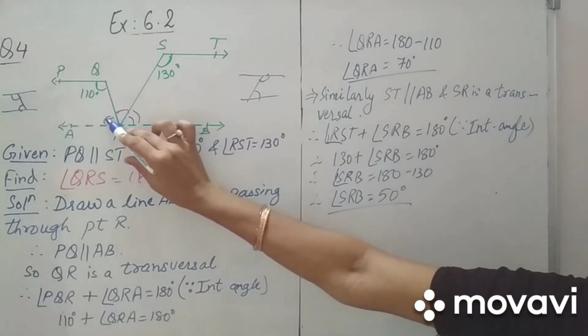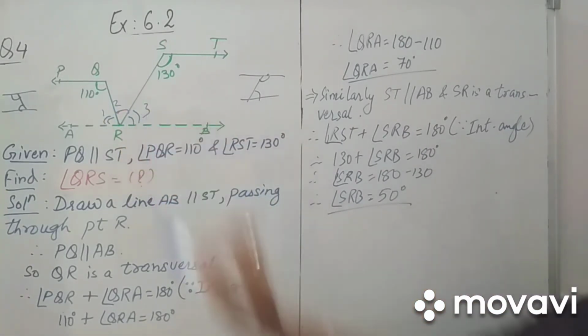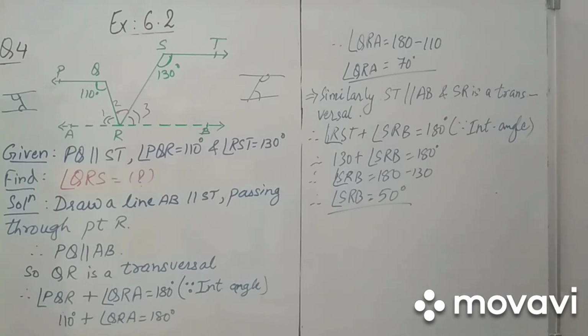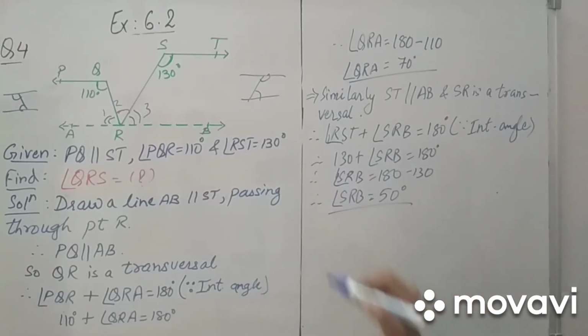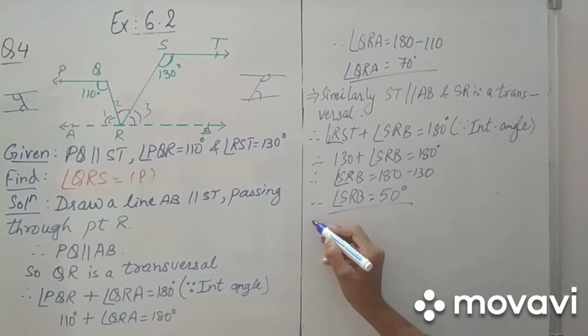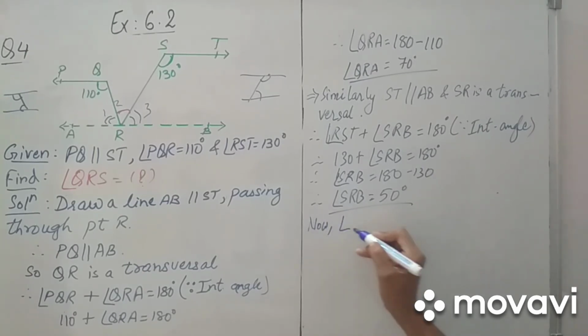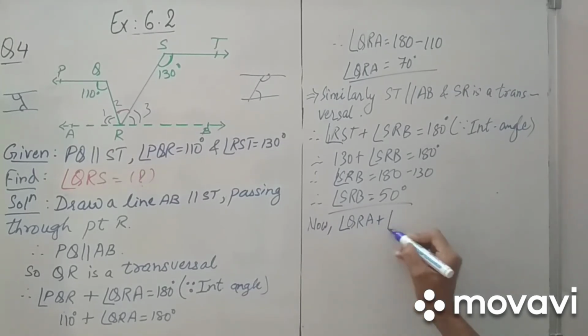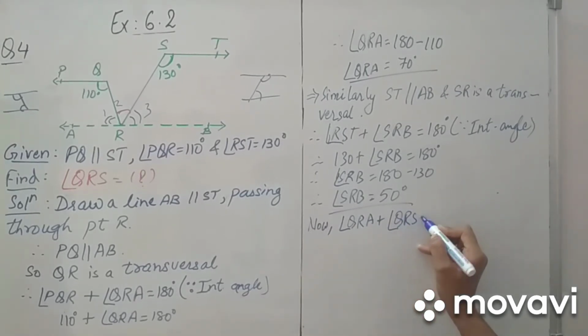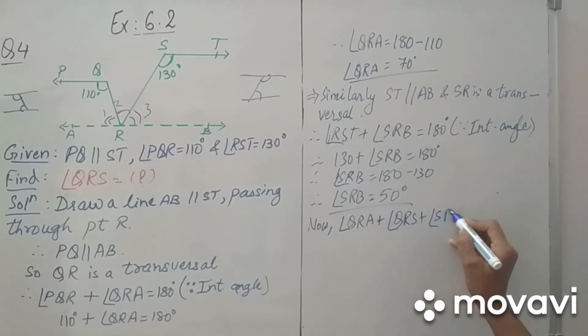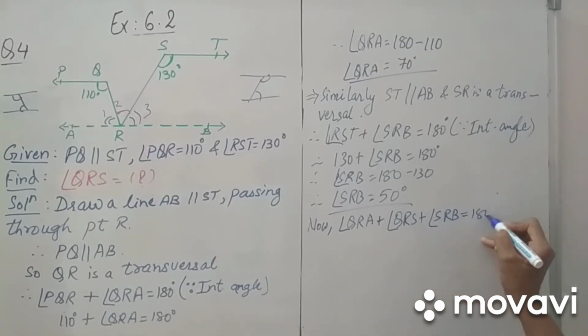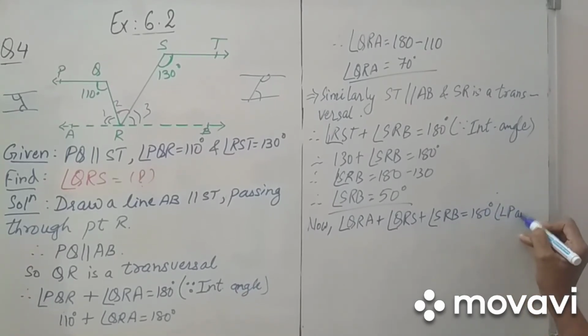What can you say about all these three angles, 1, 2 and 3? They form a straight line, or you can say linear pair. So the addition of 1, 2 and 3 is equal to 180 degrees. Now angle QRA plus angle QRS plus angle SRB is equal to 180 degrees, linear pair.